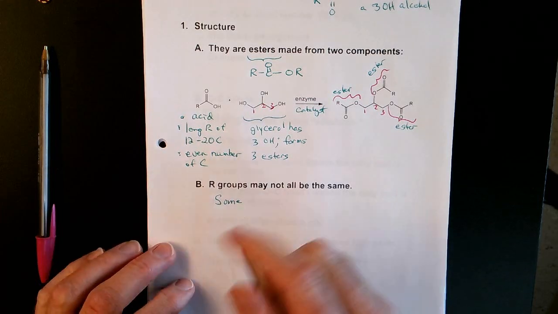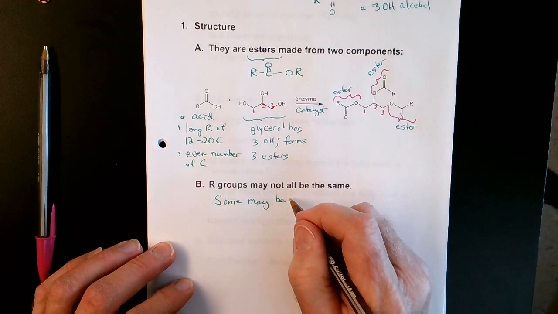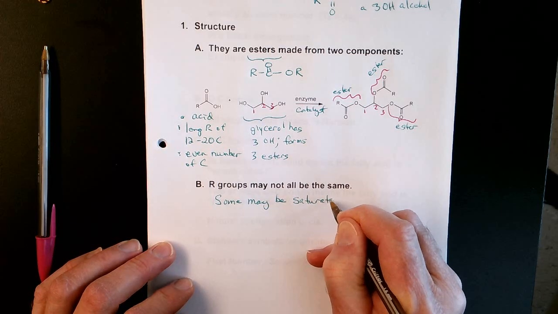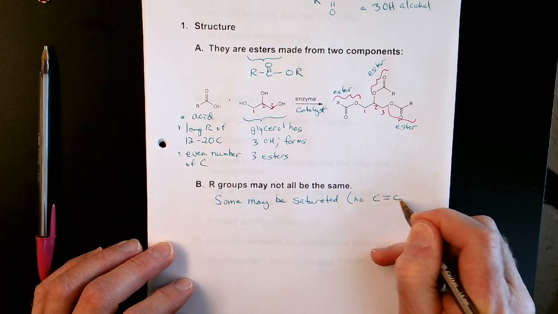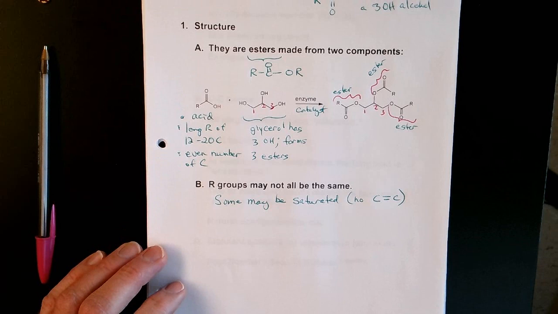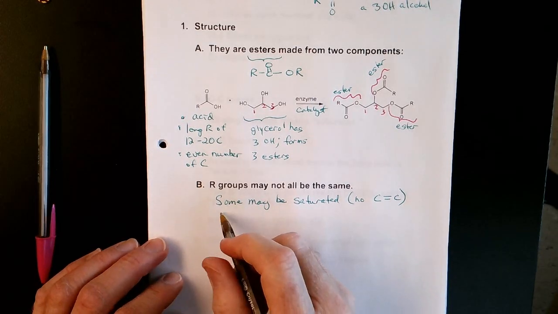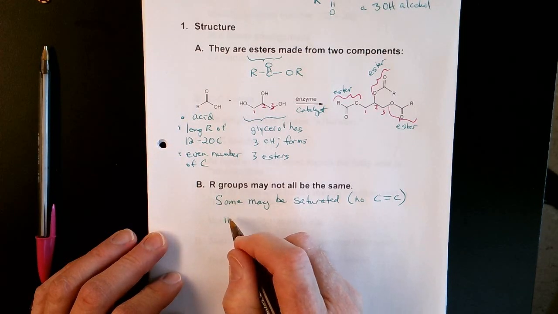Some of them, and this will be a term familiar to you, I think, may be so-called saturated. And what that means is that you've got no carbon-carbon double bonds anywhere in the R group. And the kind that you've probably picked up by now are good in the diet. That's their image anyway.